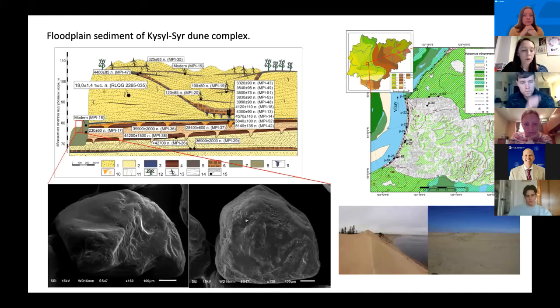Using these methods, the profile of this dune massif in the Viluy Basin we studied, and identified diagnostic signatures indicating both aquatic and alkaline sedimentary environments, mechanical disintegration of bedrock fragments, and cryogenic weathering as well.